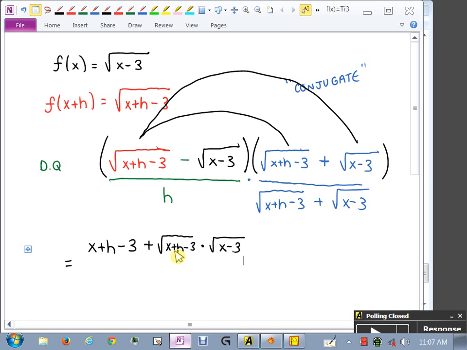But I'm not going to because of the next thing that's going to happen, which is this times this, which again is the same two roots, right? But this time I have a negative times a positive, which makes it negative, which is going to kill off the other one that we just got. So it'll be minus the root x minus 3 times root x plus h minus 3.